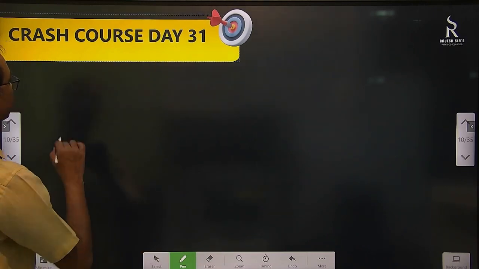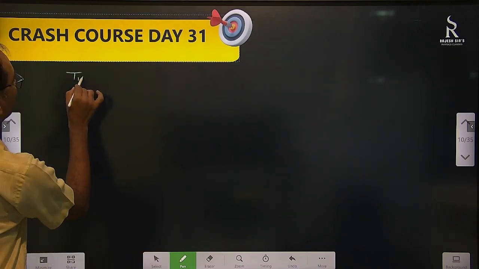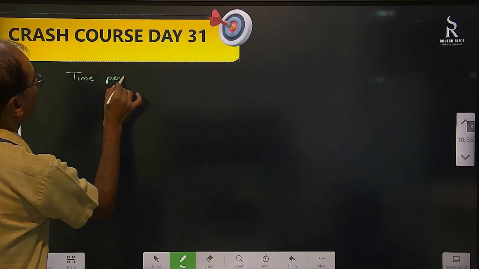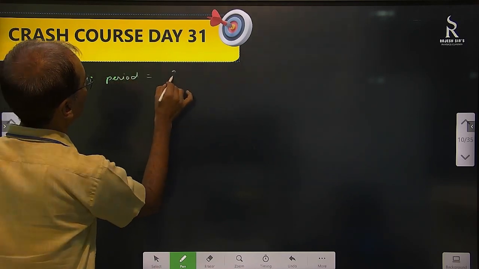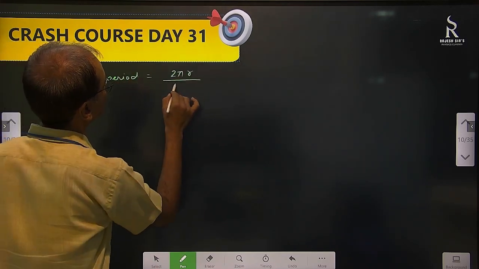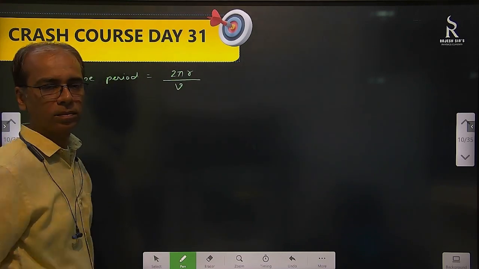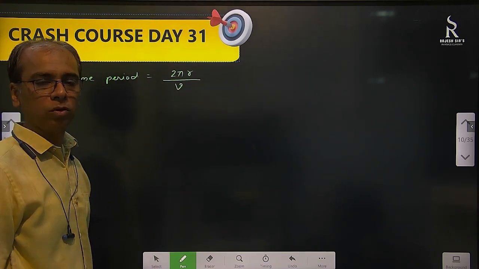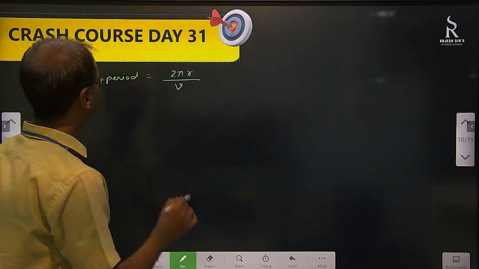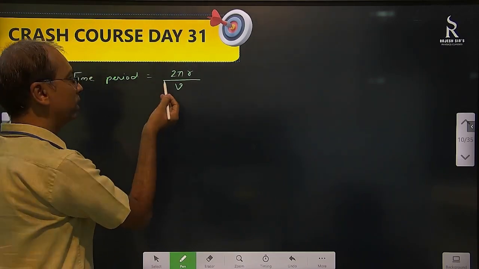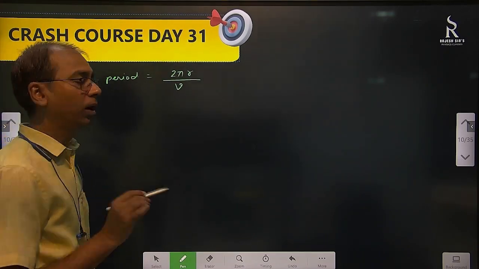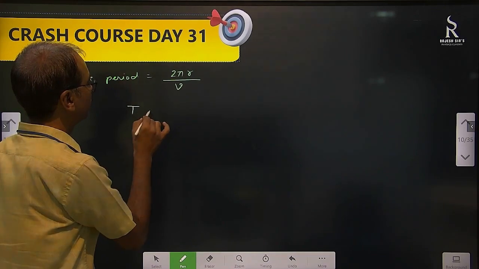Same way, time period also we want. What is time period? Time period is 2 pi r by v. Now, we could find the exact value, but here we want proportionality.